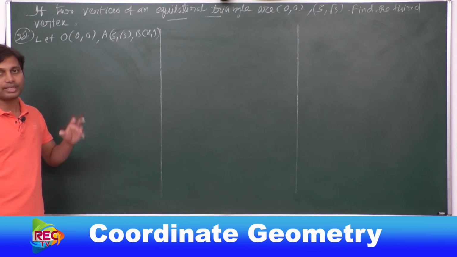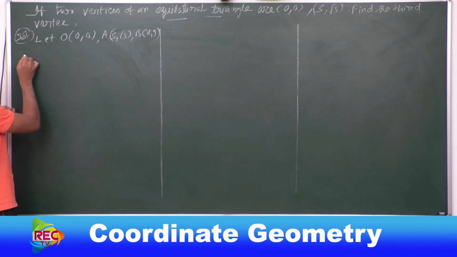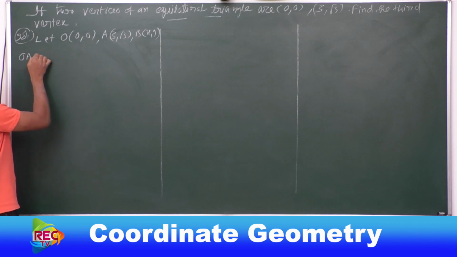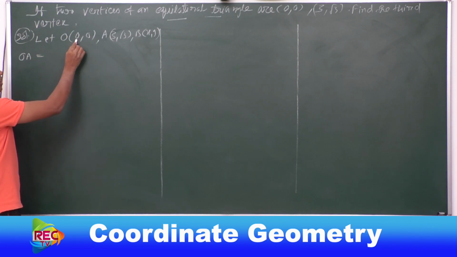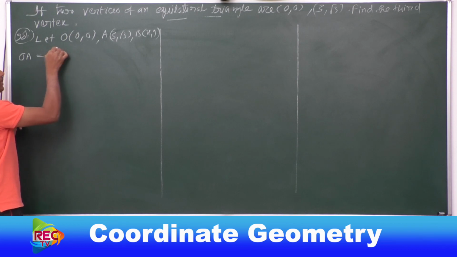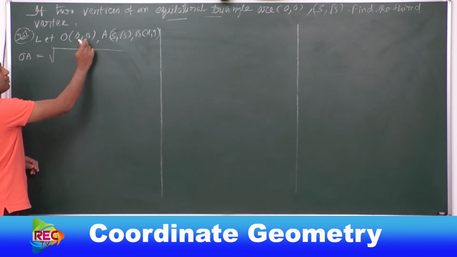First let us find out the lengths of the sides. Now OA, we need to find the first side, the distance between O and A. In this, 0 will be x1 and 0 will be y1, and 3 will be x2 and root 3 will be y2. Now to find the distance between them, the formula would be the square root of x2 minus x1 whole square plus y2 minus y1 whole square.